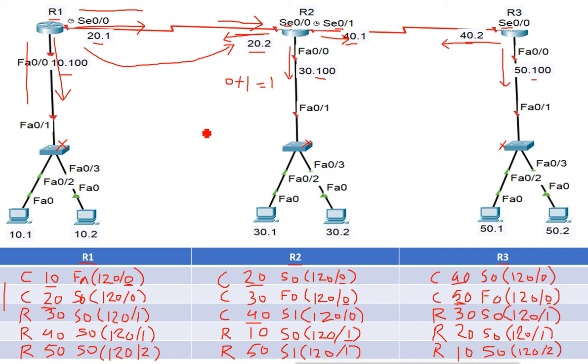Then one more problem it has is that it only makes the update after every 30 seconds. We can increase the time from 30 to 90 seconds, but it can only update after 30 seconds. Till then they will not do anything. So after every 30 seconds, and only after 30 seconds, they will send the information to each other.